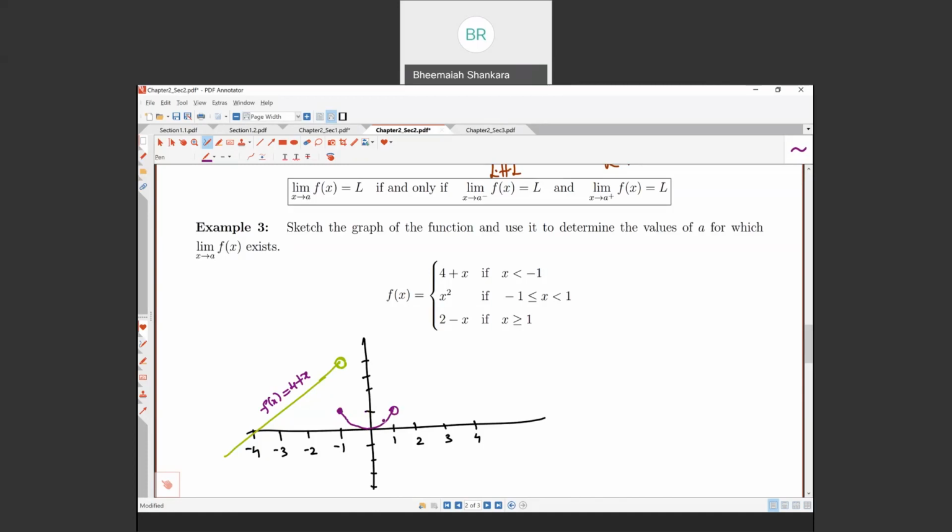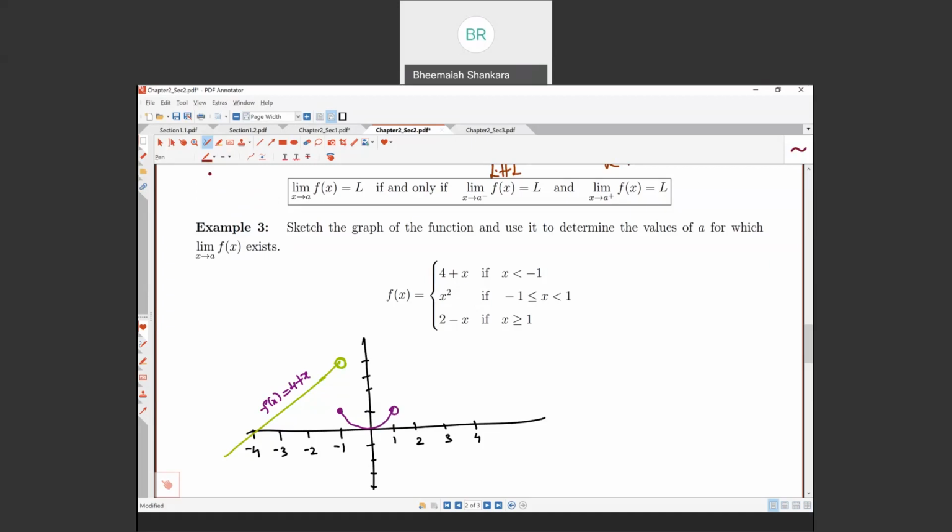Then you have 2 minus x, the line for all x values which are greater than or equal to 1. So it's a straight line with a negative slope. When x is 0, you see that the y-intercept is 2.